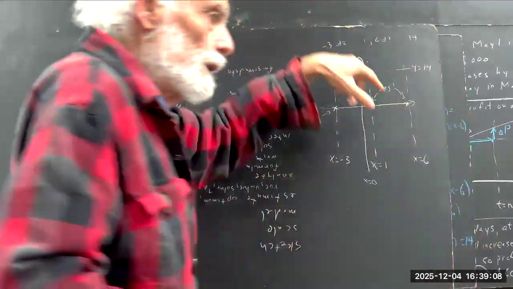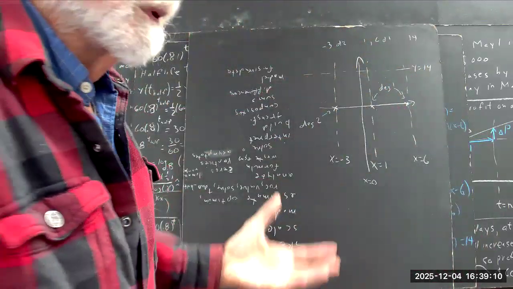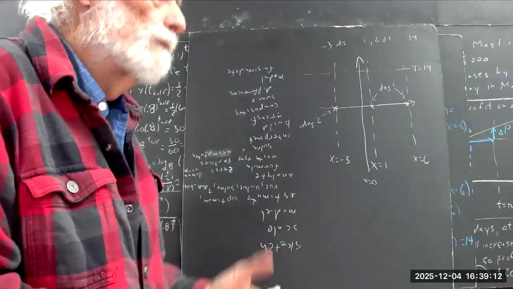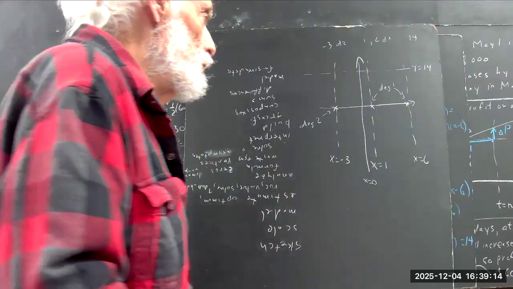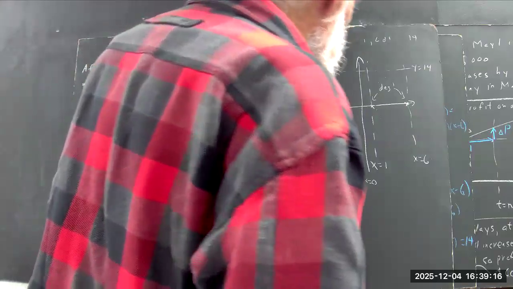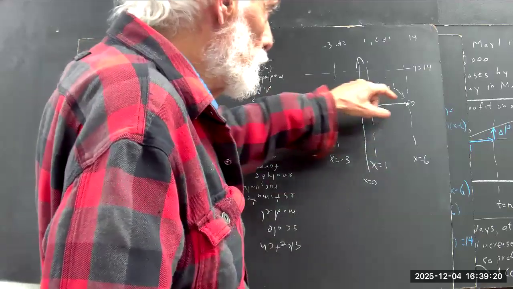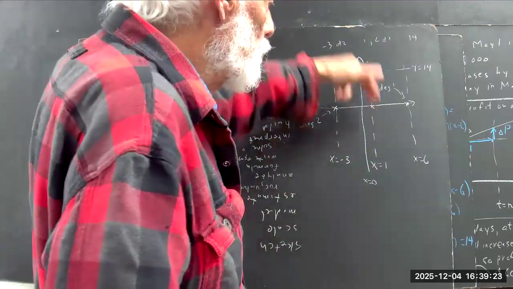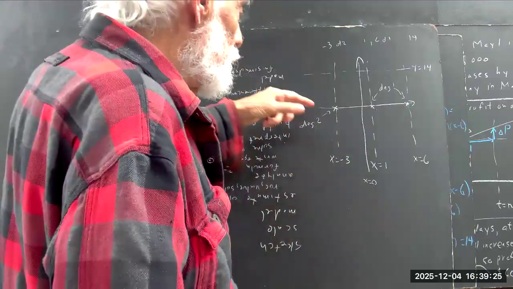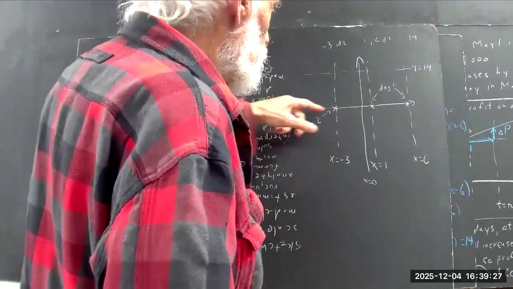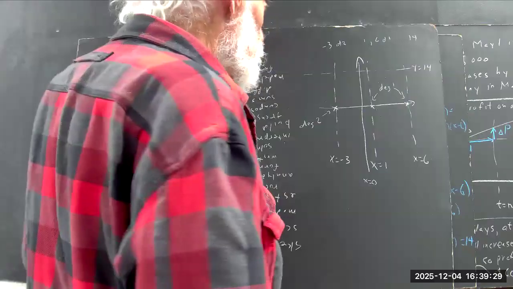Now, these numbers don't match the numbers on the problem that you have on the sheet. You reason it out for the numbers on the sheet. But here's what you do. If you're given 3 zeros, that's going to be 3 points on the x-axis, 3 x coordinates, of which y is 0. In other words, 3 points on the x-axis.